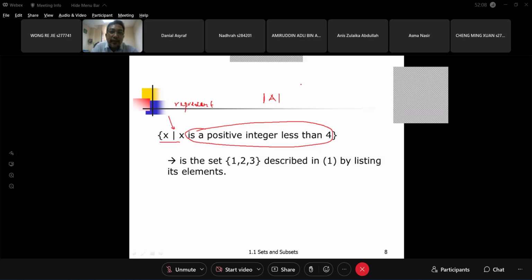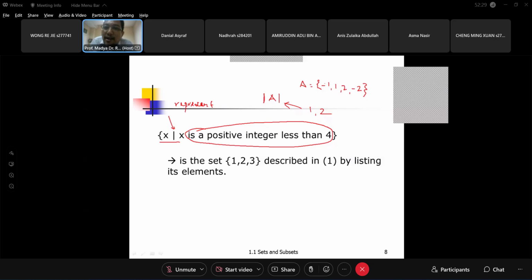For example, if A has -1, 1, 2, -2, once we use this symbol it will be 1 and 2. But only one means represent.